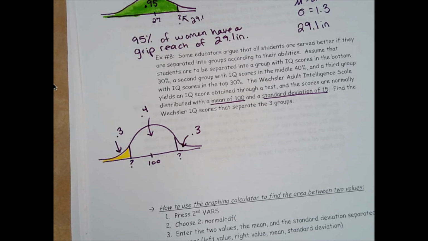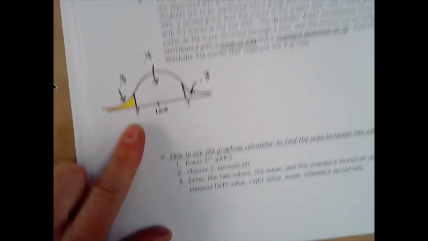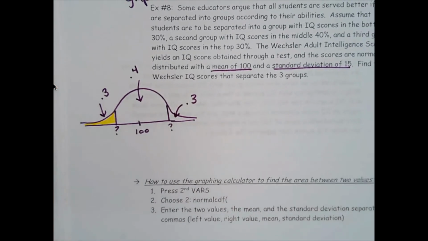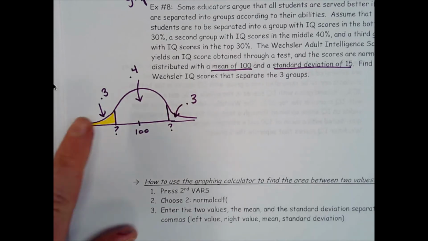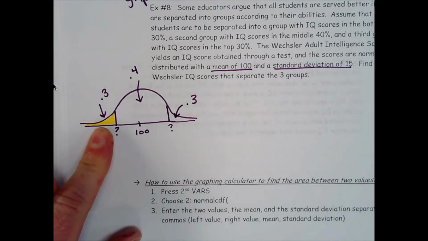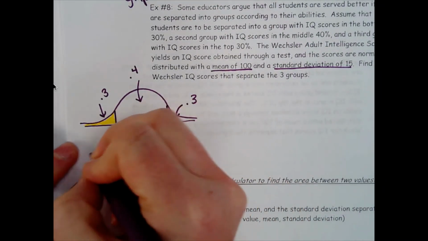How could we go about finding each of these two? Which one's the easiest to find right away? We're going to have to find this one right away because that's area to the left. So let's find this one first.